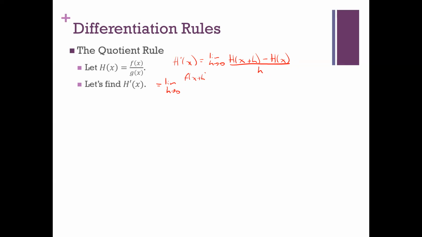So I have f of x plus h over g of x plus h, minus f of x over g of x, all over h. So you're going to see a lot of similarities between the way this one gets developed and the product rule. But before I go any further, I'm going to try to get a common denominator so I can simplify things a bit. So I'm going to multiply everything, both top and bottom, by g of x plus h, g of x.